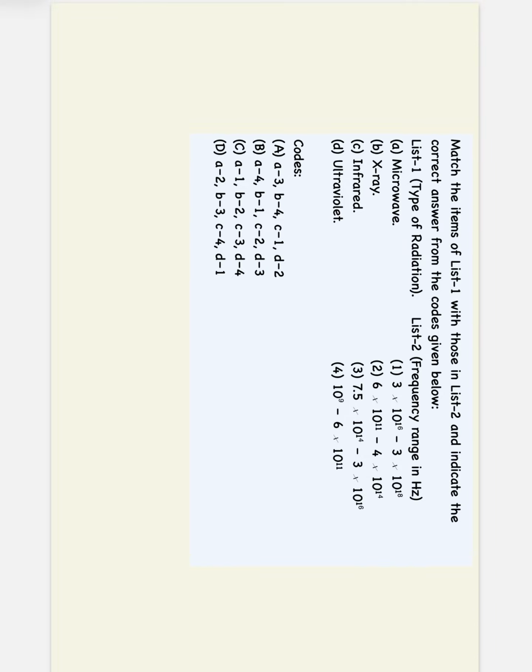There are two ways that you can solve this question. First, the electromagnetic radiation order. If you have the order in your mind, you can easily solve this question.